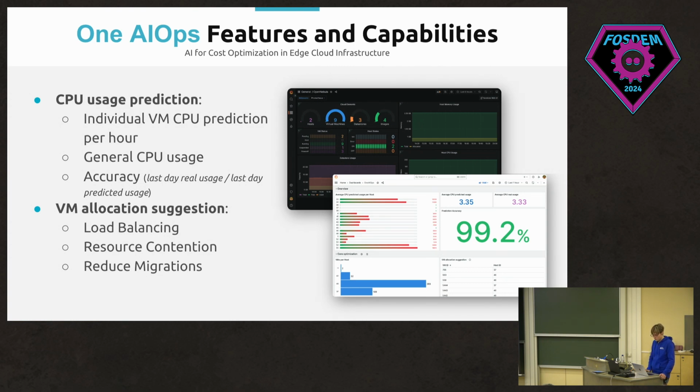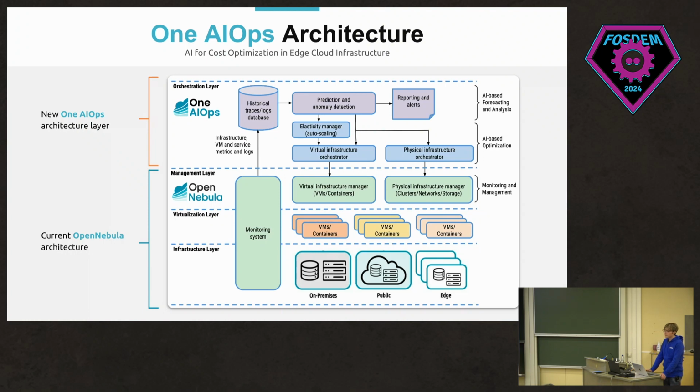be done. So here you can see the architecture of One AIOps. It's based on the already existing OpenNebula architecture. So everything at the bottom is already what OpenNebula is.